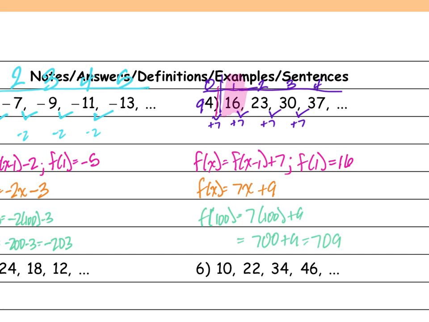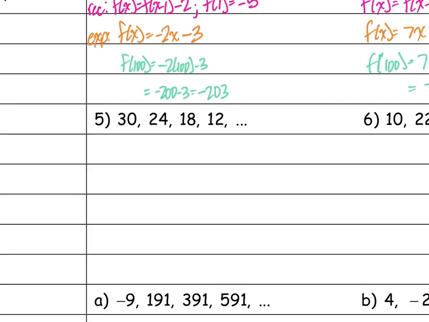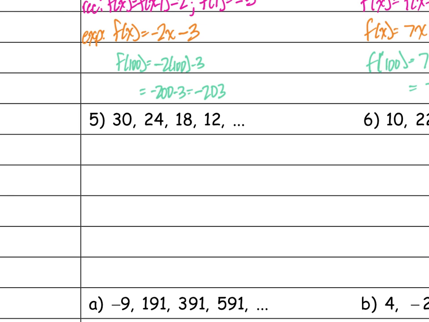Okay, so let's try number 5. I'm going to make a table. And I've got my first term, second term, third term, 4th term, 0th term. How do I get from 30 to 24, 24 to 18, 18 to 12? Well, I think I am subtracting 6 every time. Subtract 6. Yep, good.